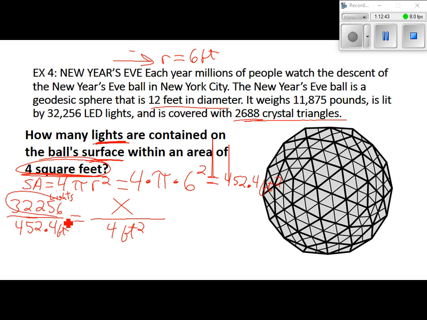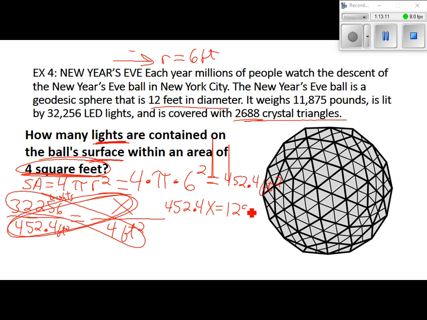And to solve a proportion, you cross multiply. So when I cross multiply this way, I get 452.4 times X. And when I cross multiply the other way, I grab my calculator, 32,256 times 4, and I get 129,024.